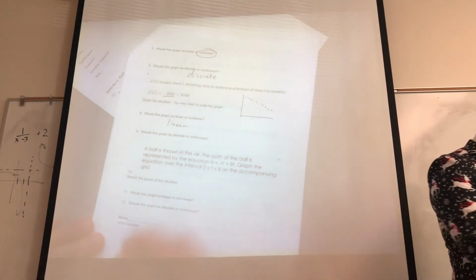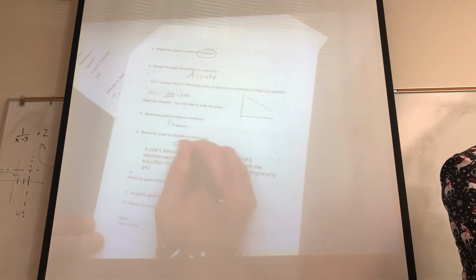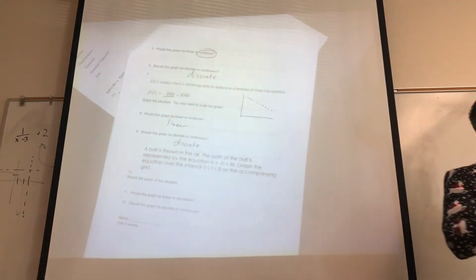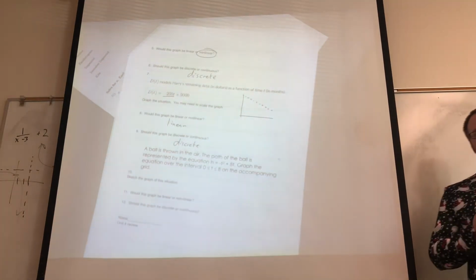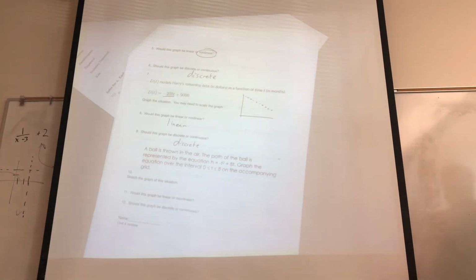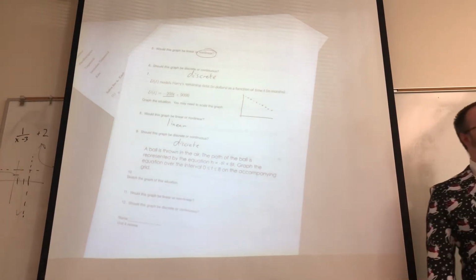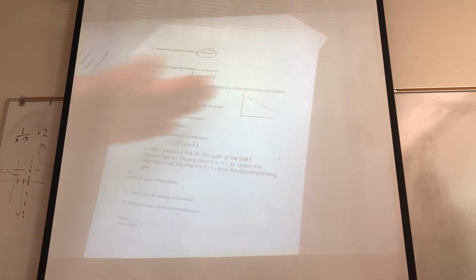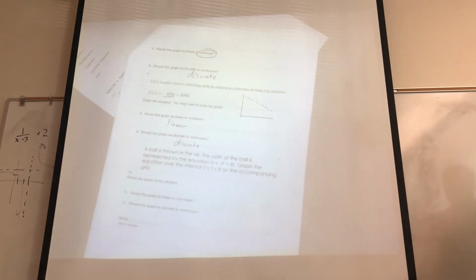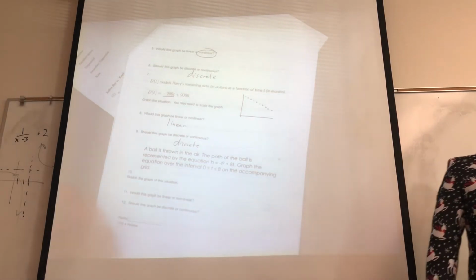Should this graph be discrete or continuous? This one should be discrete. He is making separate payments, one per month. And it's not like a fraction of a penny every second to where all these partial values on this one are true. Because he's on that payment plan, he hits those payments and that's it.